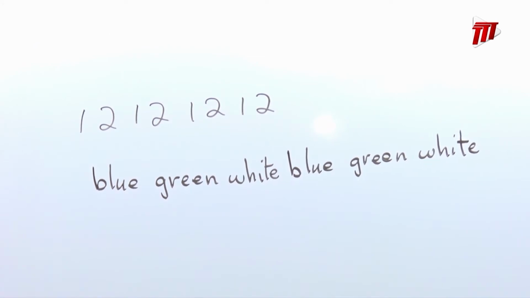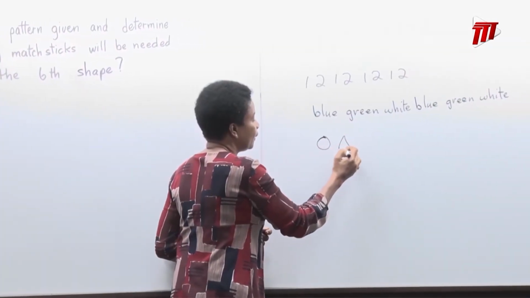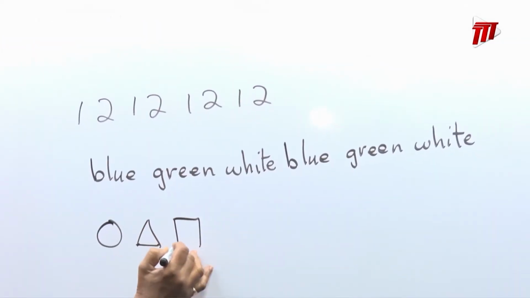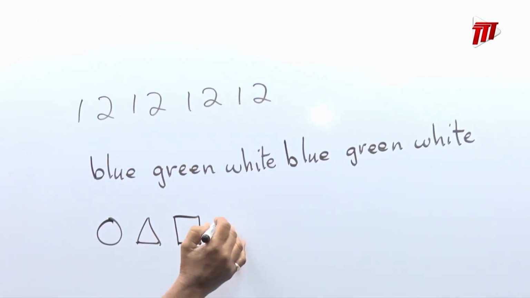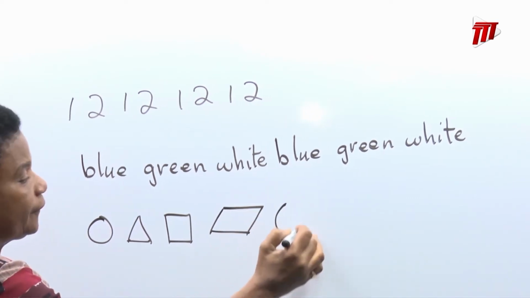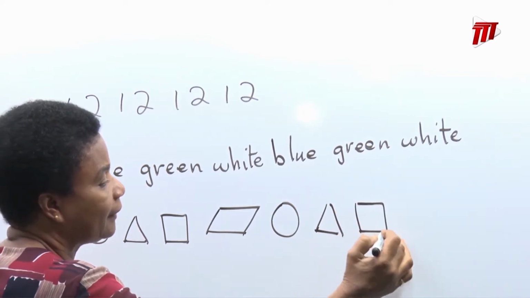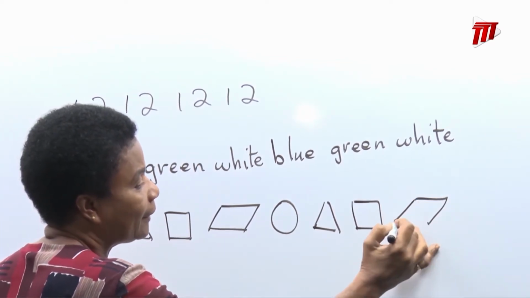Or I can have shapes. For example, I can have a circle, a triangle, a rectangle, and a parallelogram, a circle, a triangle, a rectangle, and a parallelogram.